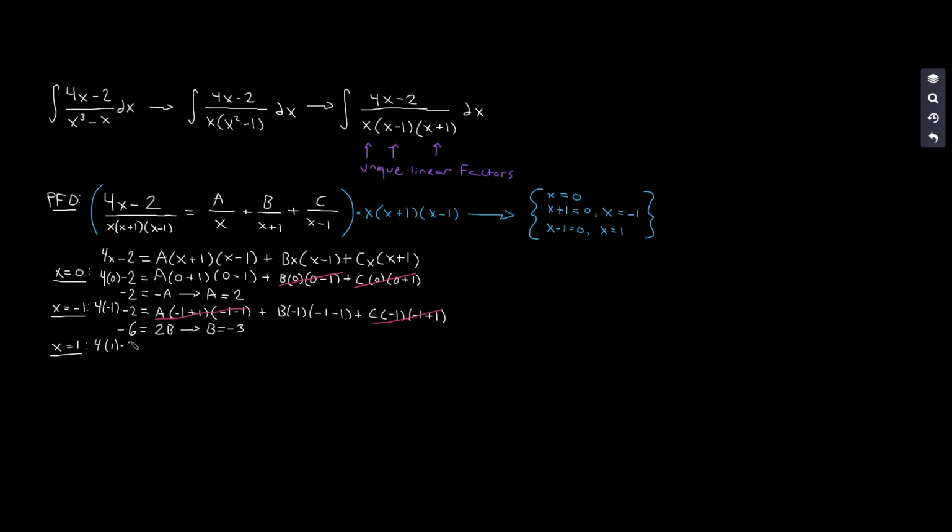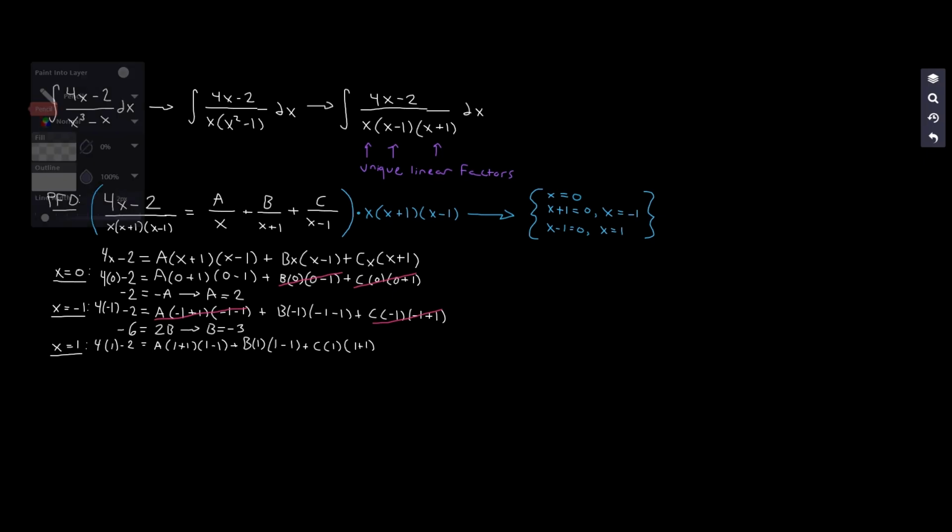So it's going to be 4 times 1 minus 2 equals A times 1 plus 1 times 1 minus 1 plus B times 1 times 1 minus 1 plus C times 1 times 1 plus 1.